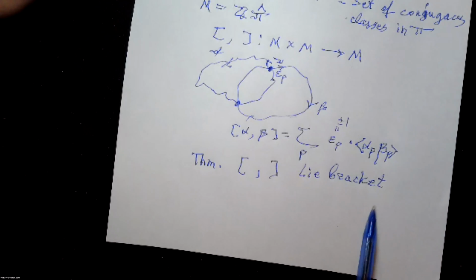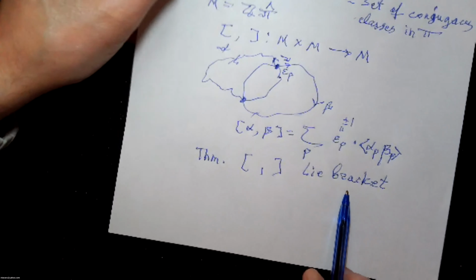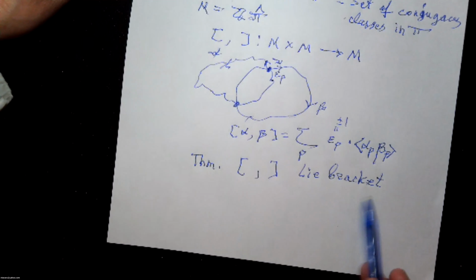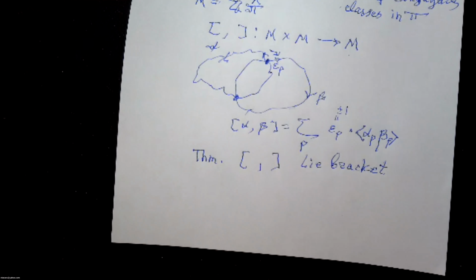And this Lie bracket reflects the Poisson bracket on that Teichmüller space. So it comes from there. But the construction is purely elementary. You don't need to know representation spaces or anything else.